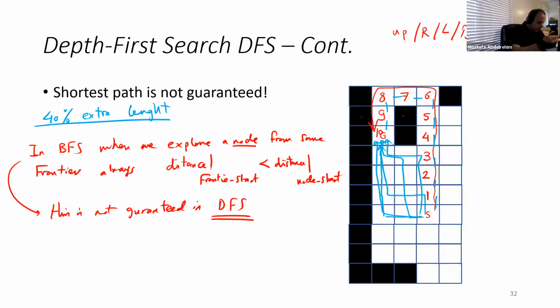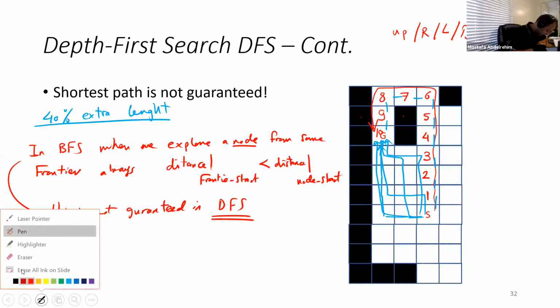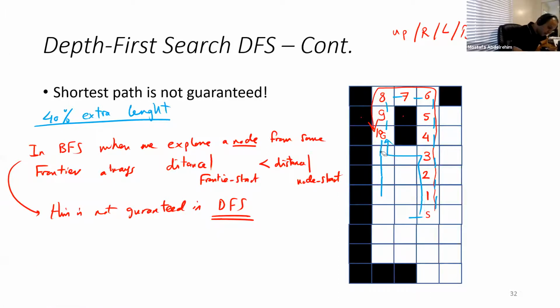Okay? Let's remove all this stuff just to make it clear for you guys. So we reach it for depth first search in here. We reached the goal from node 9.